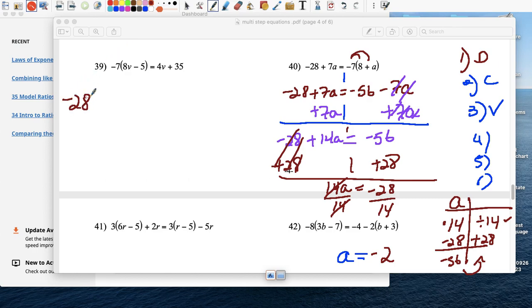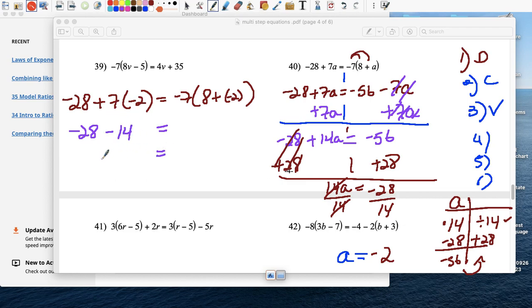So negative 28 plus 7 times negative 2 equals negative 7 times 8 plus, and then negative 2 over here in parentheses. Let's make sure I'm correct. Negative 28, it's positive 7, negative 2 is negative 14.